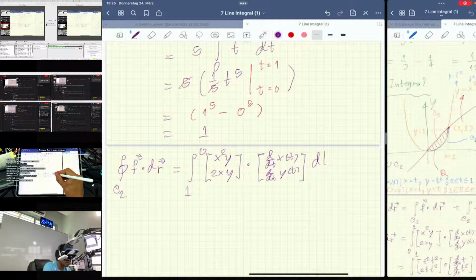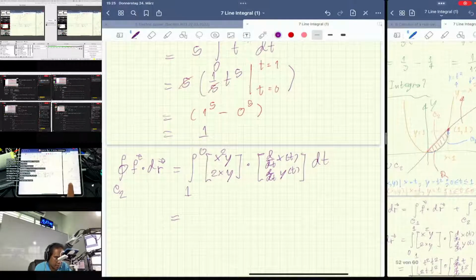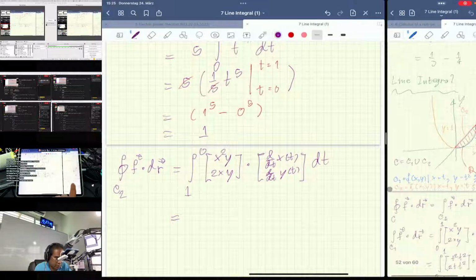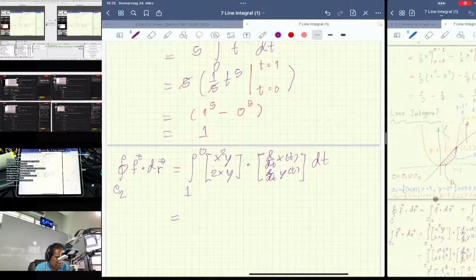Of course we know that x is t and y is t for the second contour.